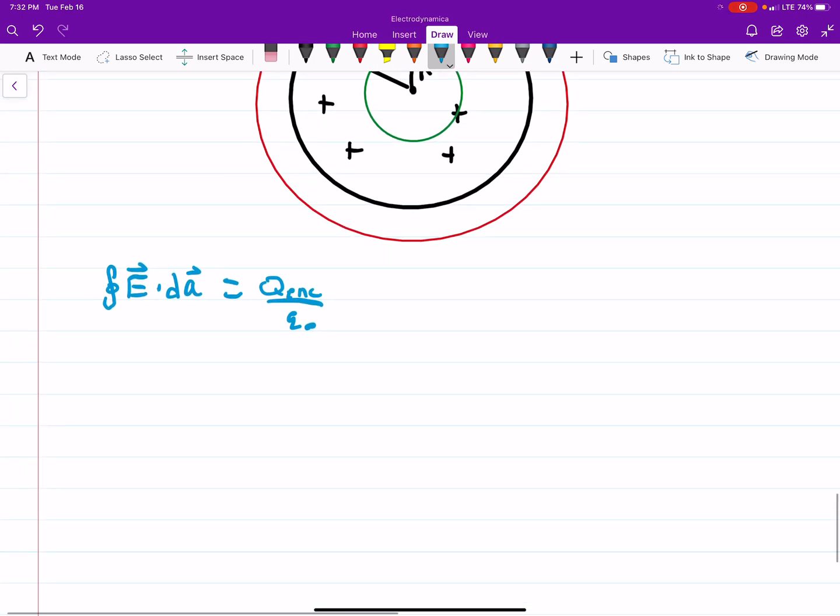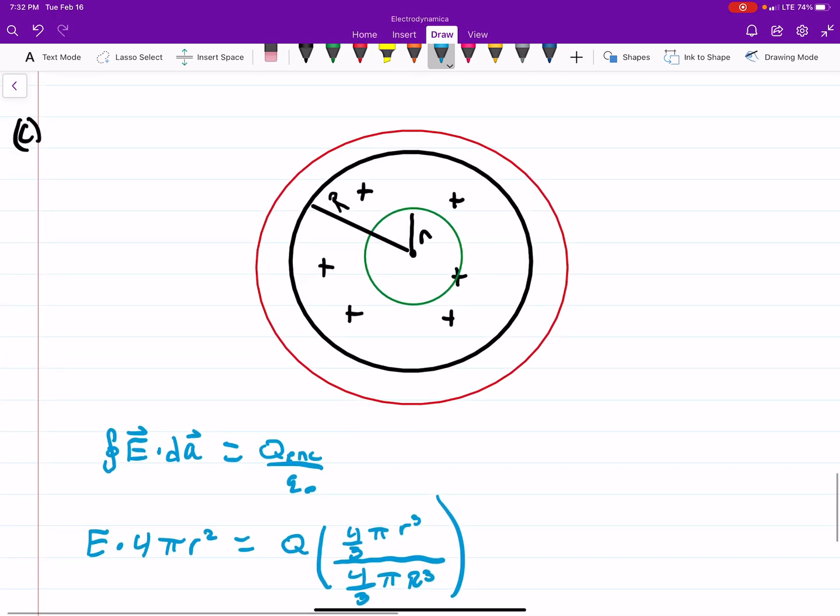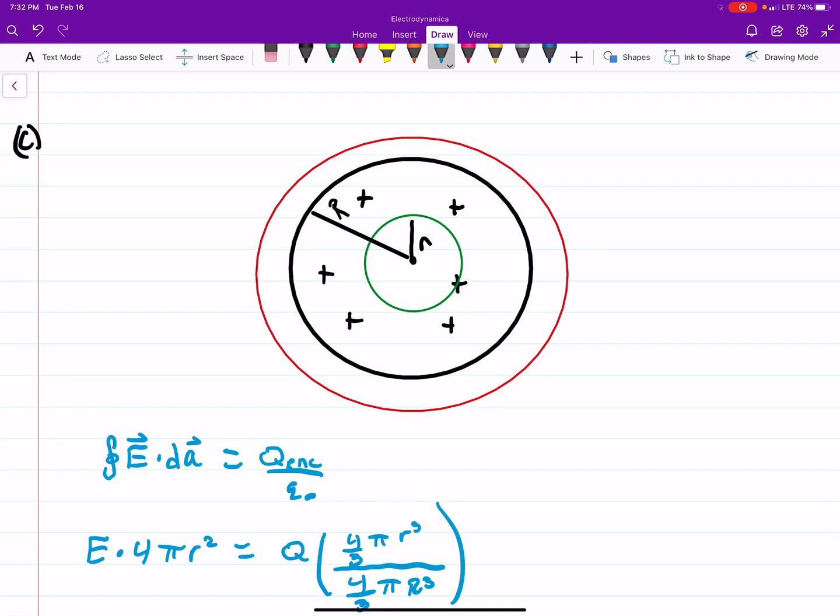Okay, so our E times 4 pi little r squared is equal to Q, and basically what we have is a ratio of 4/3 pi r cubed divided by 4/3 pi big R cubed. So we're doing a ratio to find how much charge is actually inside this part.